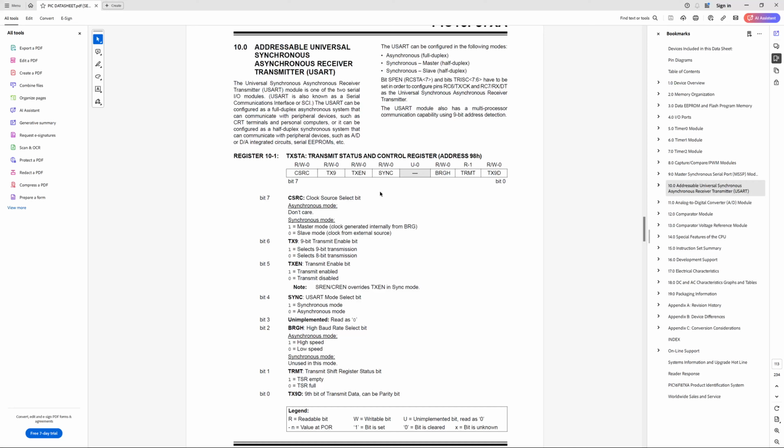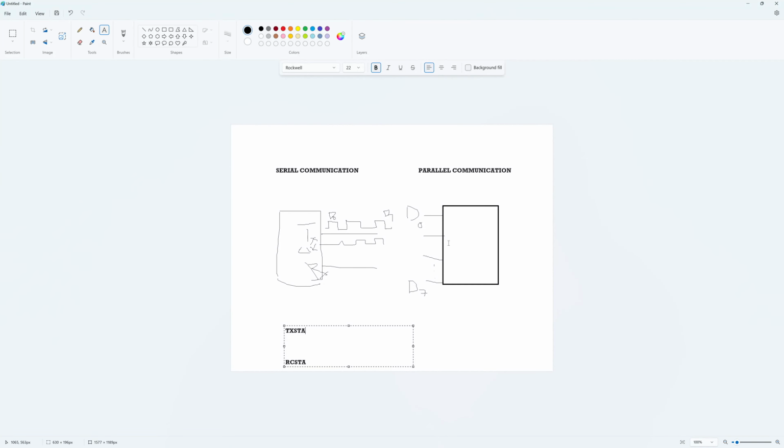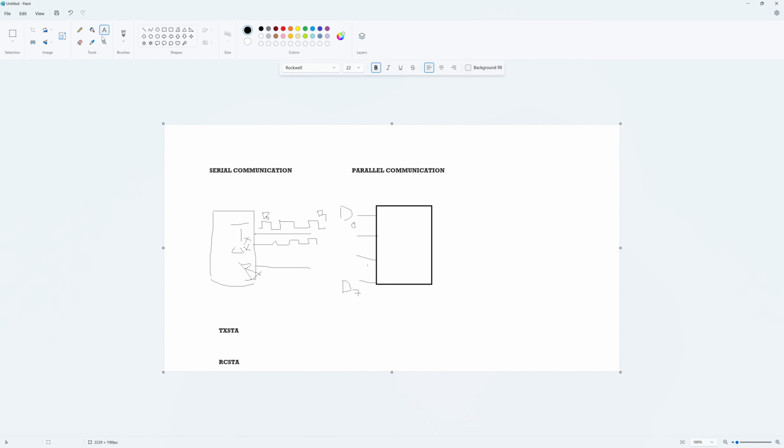You need to know the timing diagram of asynchronous communication first, so I will draw the timing diagram. Keep in mind this is the TX pin timing diagram. The TX pin will be idle, and idle means 5 volt. If no communication is happening, the pin will be at 5 volt.